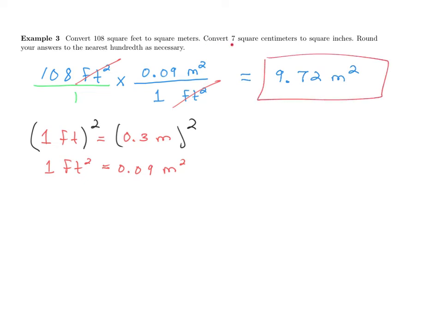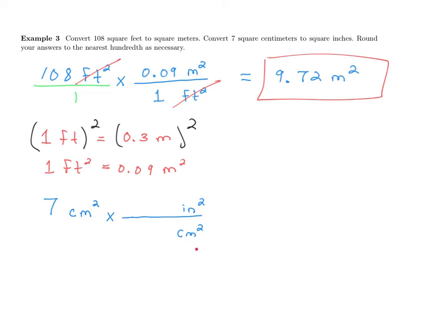And for the last one in this example, let's convert 7 square centimeters to square inches. So we have 7 square centimeters, so centimeters squared. If we want to end up with inches squared, we have to multiply this by something with square centimeters in the denominator and square inches in the numerator.